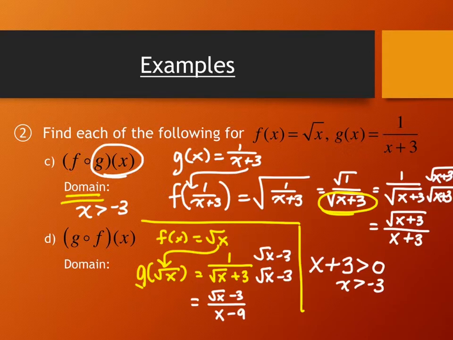Now, you do run into some problems again with the domain for this, so either of these expressions. Obviously, your denominator cannot be 0. The denominator, which is the square root of x plus 3, cannot be equal to 0. But if you'll notice pretty quickly, that means the square root of x on the left cannot equal negative 3 on the right.